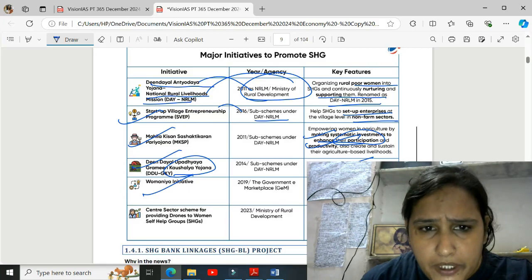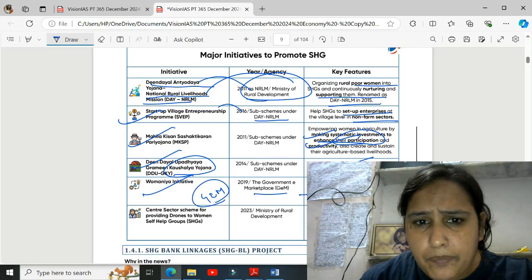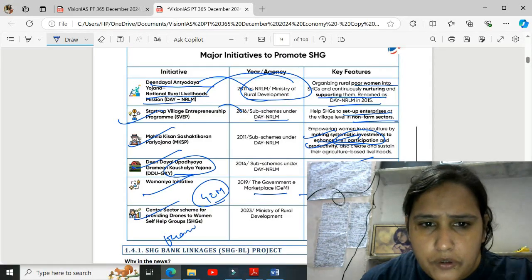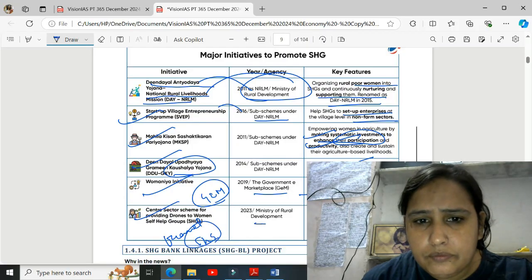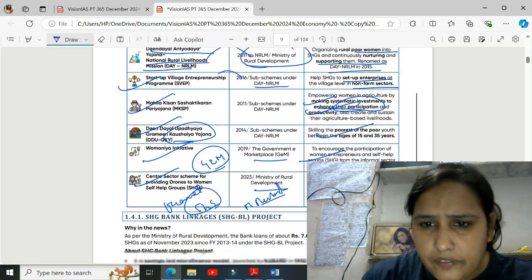Womaniya initiative, a government e-marketplace initiative for self-help groups. A central sector scheme for drones and self-help groups, by the Ministry of Rural Development, selected women for providing rental services.